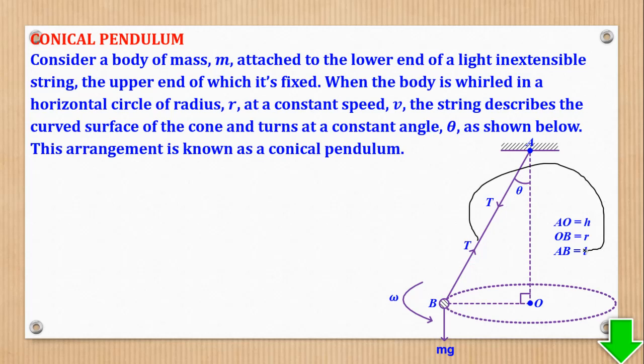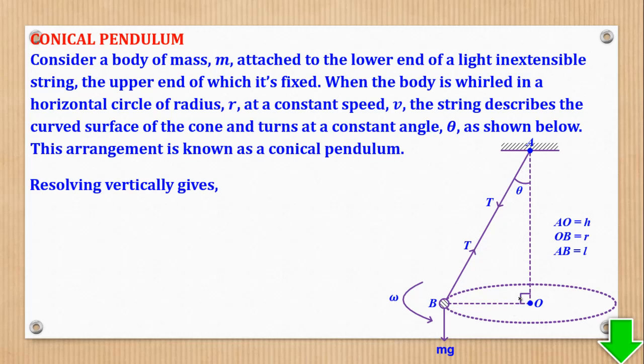It will be denoted by L. The mass in this conical pendulum will be denoted by m. Then this vertical height will be denoted by small h. And this horizontal length will be denoted by r, the radius of this horizontal circle. So when you write L, it means the length of the string, or the hypotenuse; R means this, and h means the vertical height.